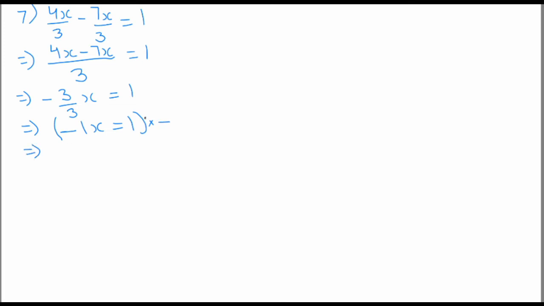Minus minus plus x, plus minus minus 1. So our answer will be minus 1. I hope you understand this all. If you can't, then see this question a second time and third time and you will get it.